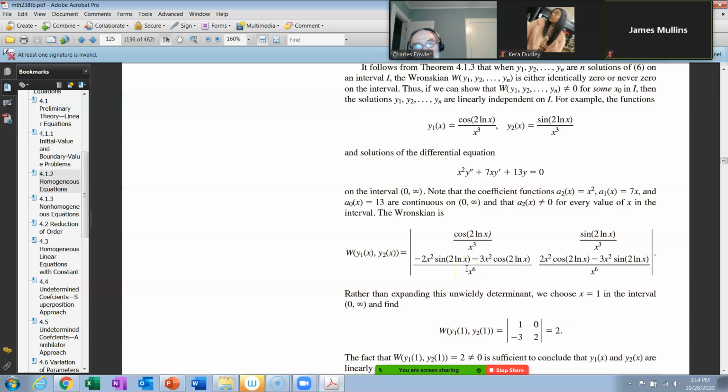So rather than expanding that unwieldy determinant, we just choose a value, x equal 1. Well, log of 1 is 0. Cosine of 0 is 1, 1 cubed is 1. Now this will give you a 0 over here because the log of 1 is 0, sine of 0 is 0.